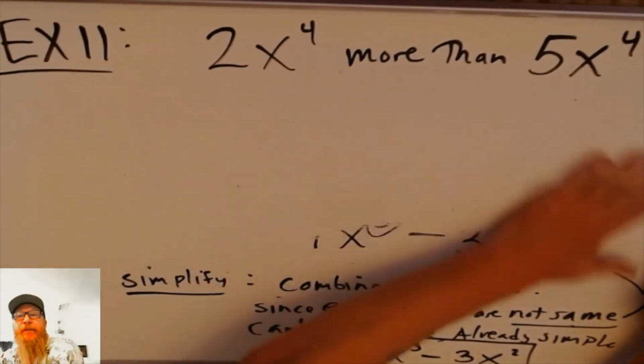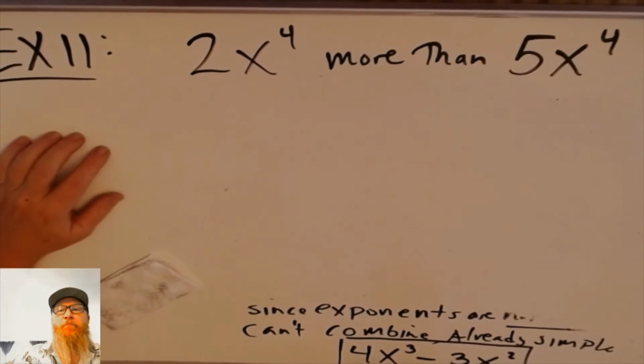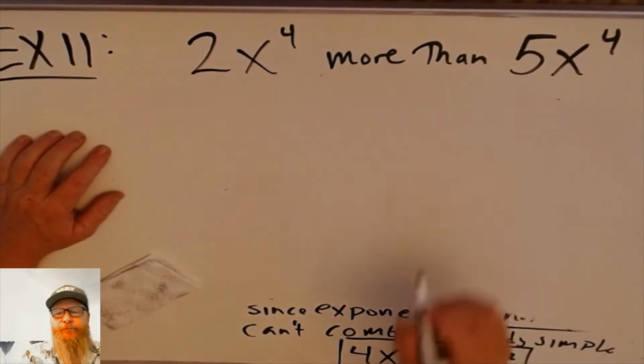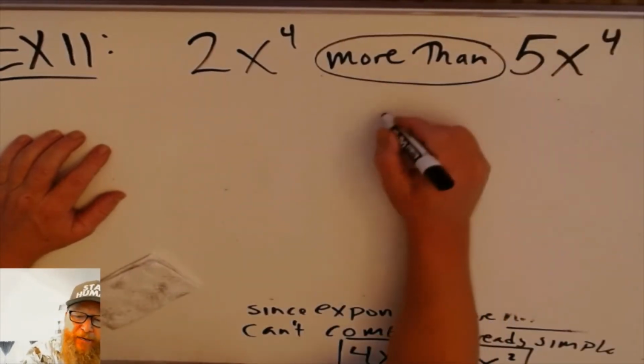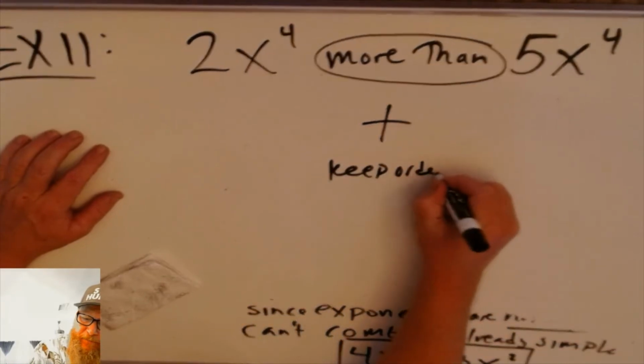Example 11. 2x to the fourth more than 5x to the fourth. More than means add and keep the order the same.